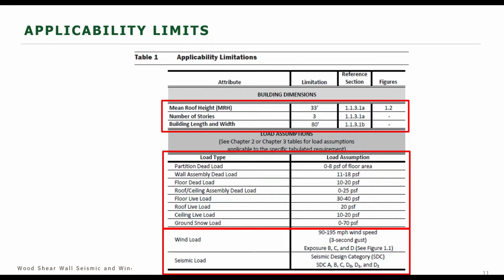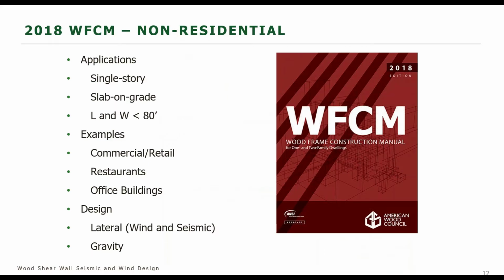It also can be used for exposures B, C, and D. For seismic loads, it can be used for seismic design category A through D. The IRC does have further subdivisions of D0, D1, and D2, so that's what you see referenced in the seismic design category cell on the table there.